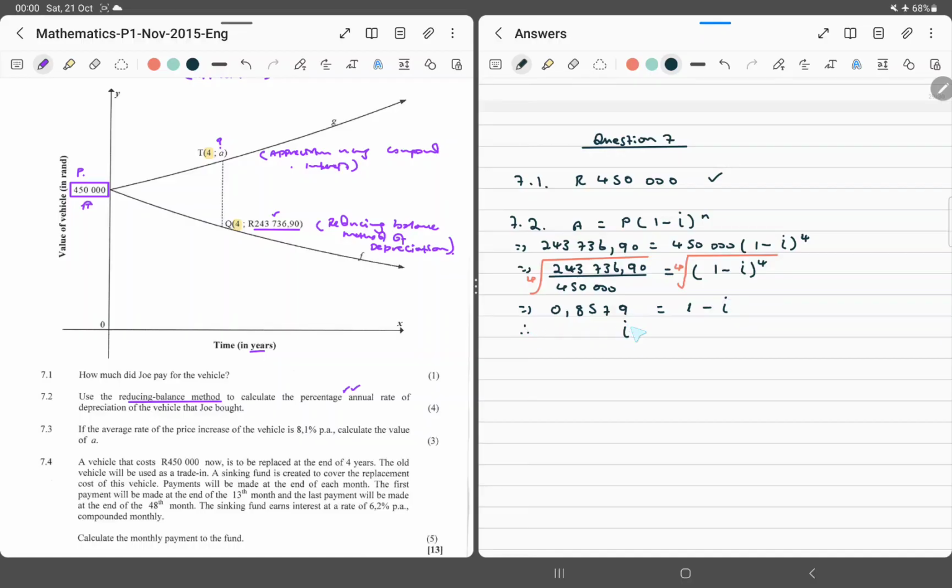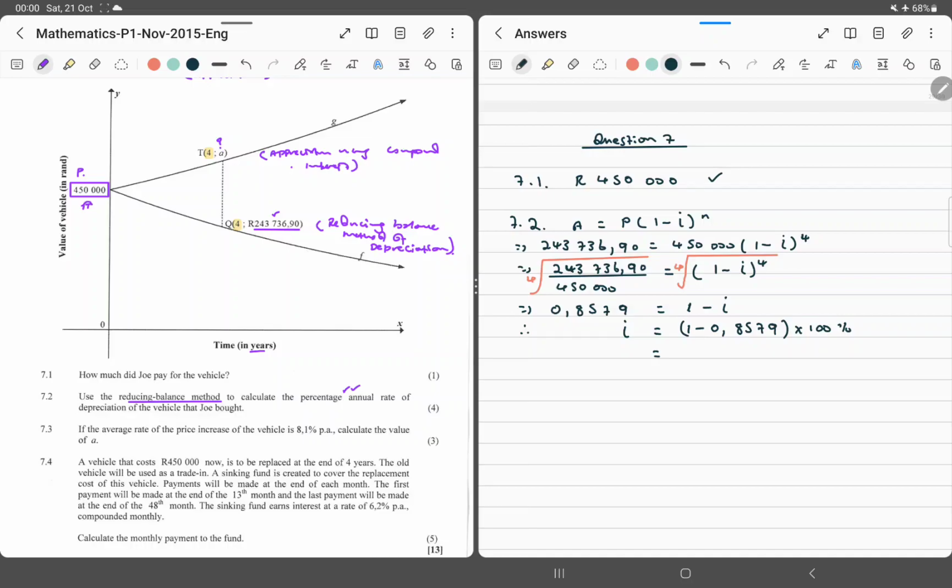So therefore our i, we transpose i to that side, it becomes positive, and this value is going to be 1 minus 0.8579. Then we multiply this by 100% because it has to be a percentage.